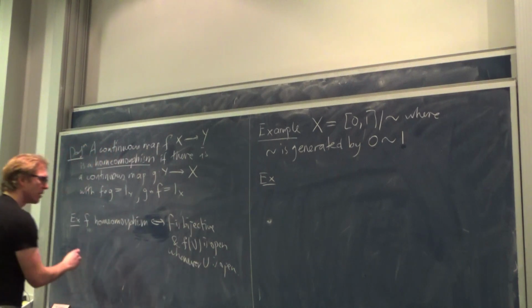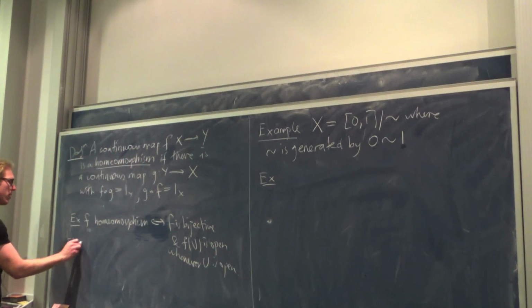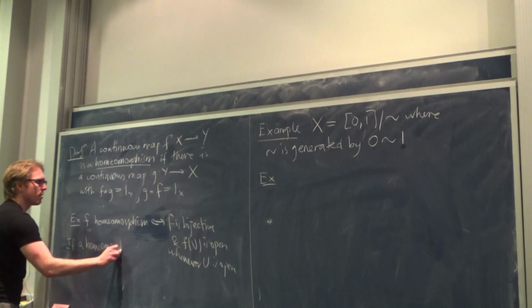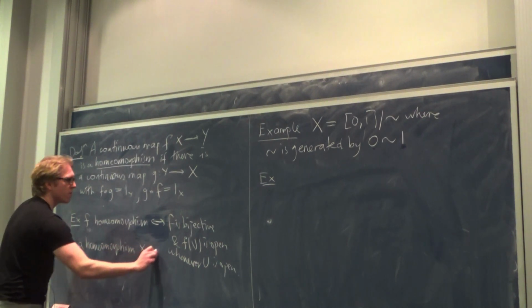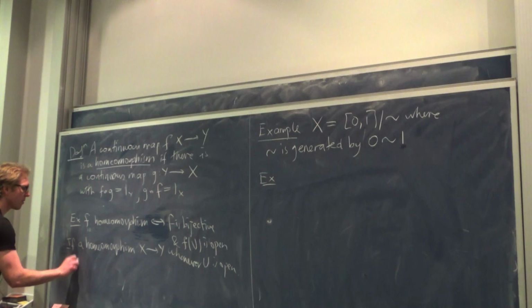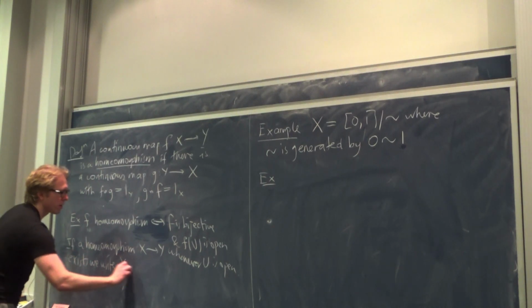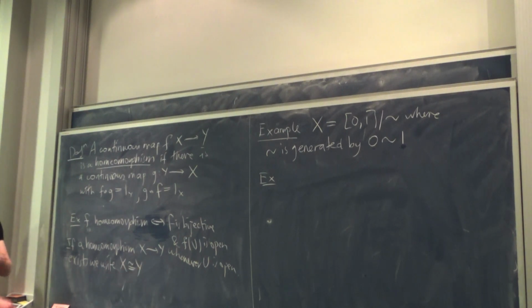So by the way, if a homeomorphism from X to Y exists, we write X ≅ Y, and I might say X is isomorphic to Y. Isomorphic and homeomorphic have the same meaning for the moment anyway.